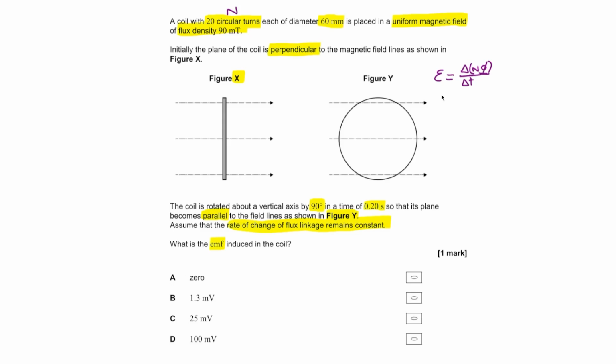Since we have been told that the rate of change of flux linkage remains constant, we can approximate this by taking the difference between the magnetic flux at the end and the start, and then dividing it by the change in the time.